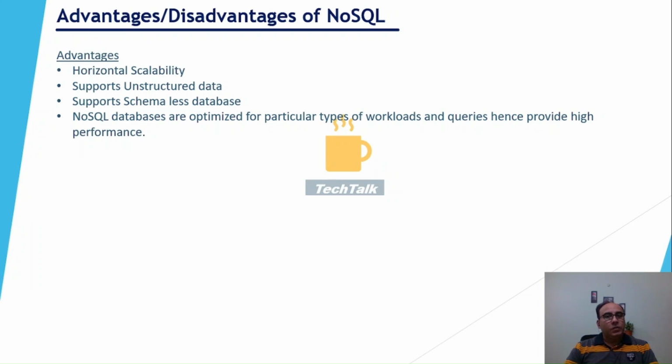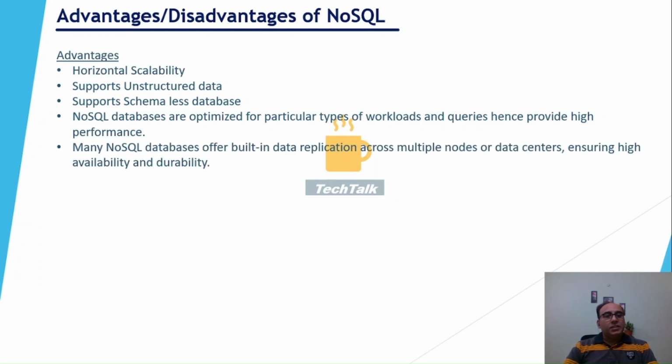You can store your data and your images using the same database. But with NoSQL databases, as I said, different data models are there for different purposes. So if you are using that particular database for one particular requirement, it will give you high performance. Then replication is quite fast in NoSQL databases because it ensures availability and durability of the system. So these are some advantages of NoSQL databases.